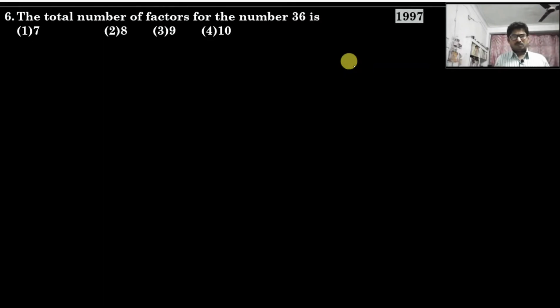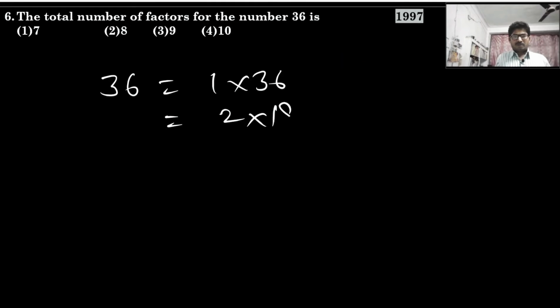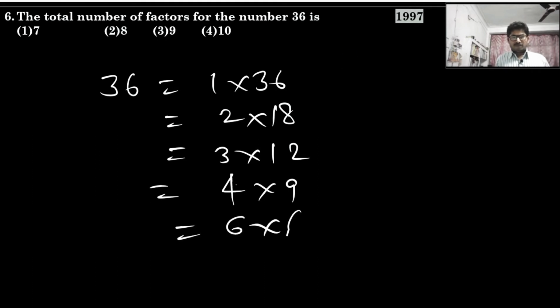Factors of 36: 1 times 36, 2 times 18, 3 times 12, 4 times 9, 6 times 6.